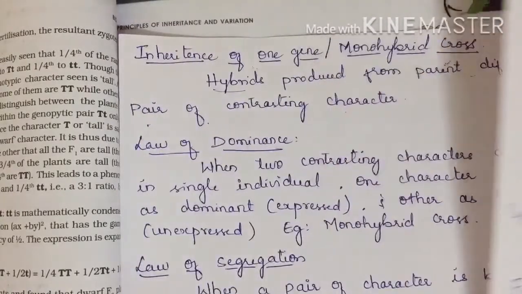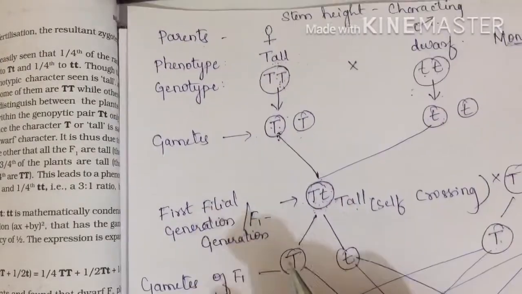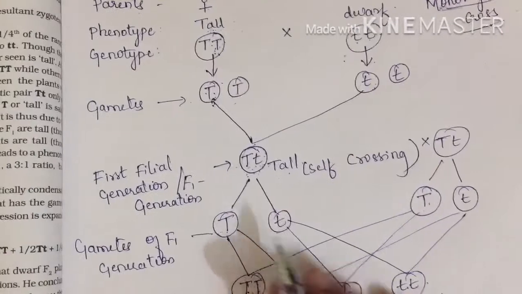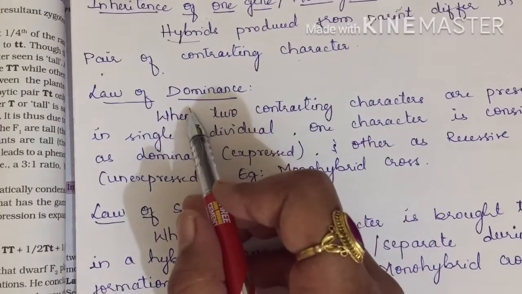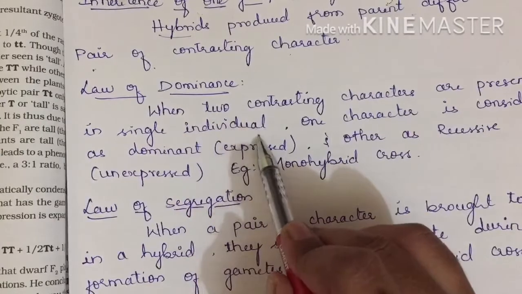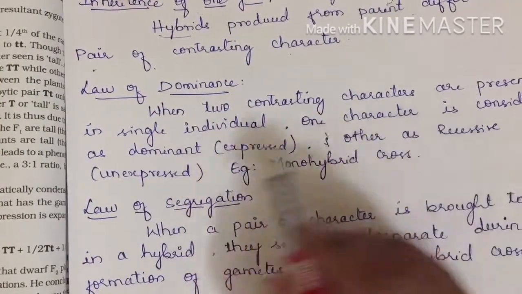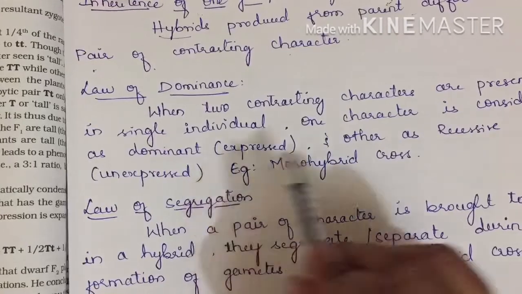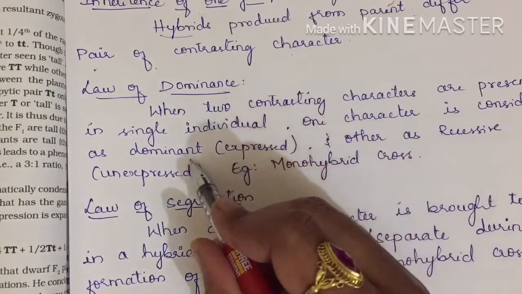With the same schematic representation we have shown just now, they are going to ask another question, that is the law of dominance. What is the law of dominance? When two contrasting characters are present in a single individual, like tall and dwarf, one character is considered dominant and the other is considered recessive.